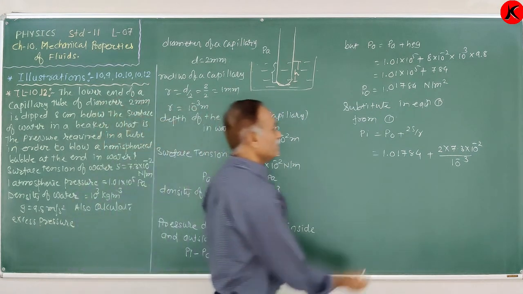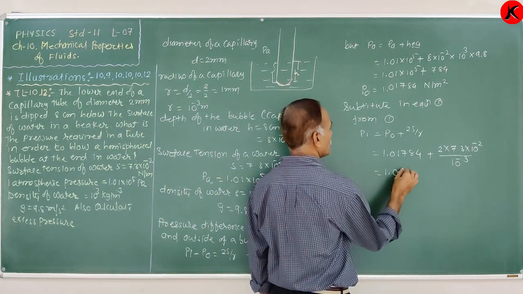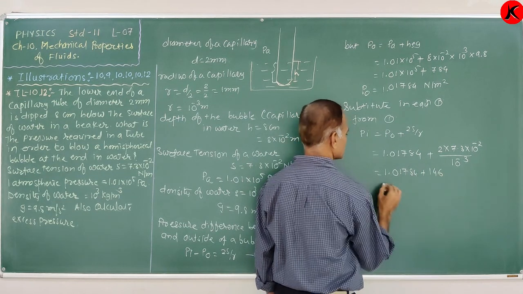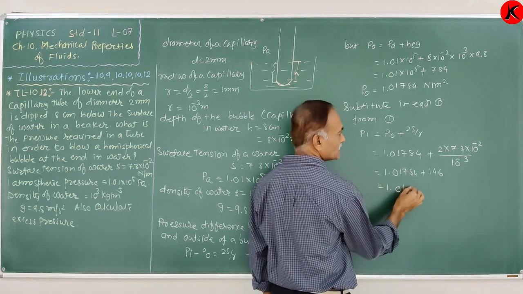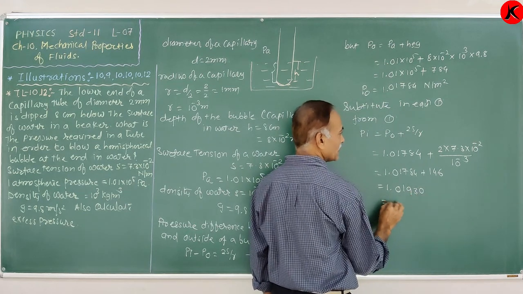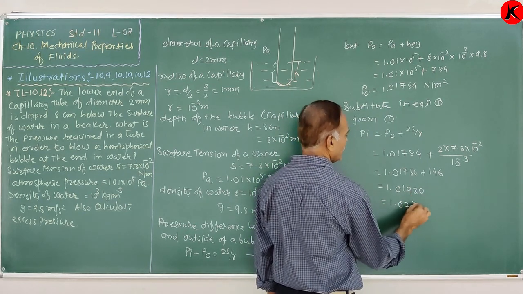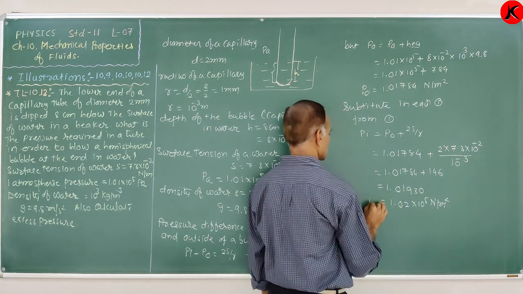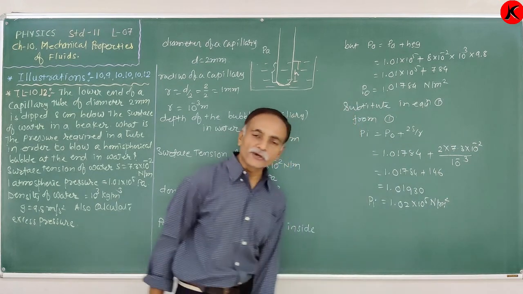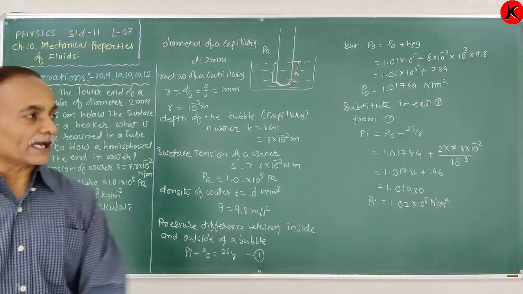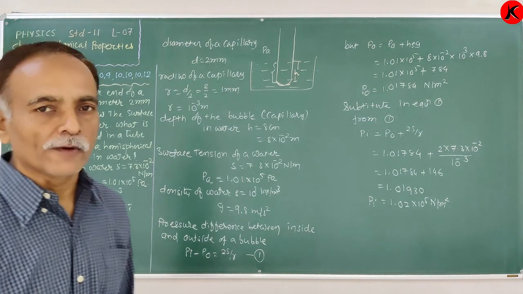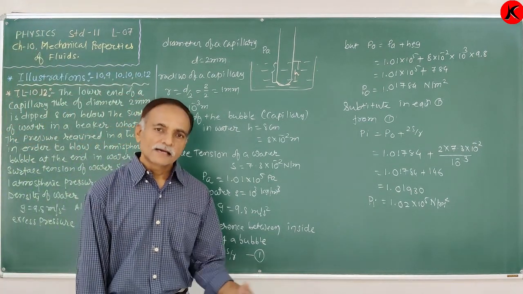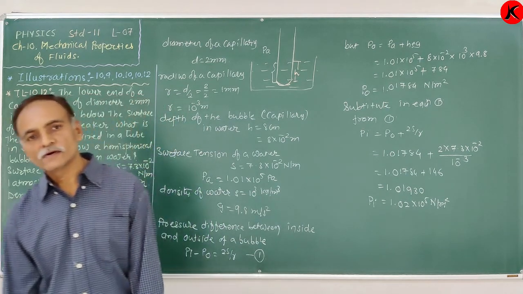So let me simplify, we obtain 1.01784 plus 146. Therefore, 1.01930, that means 1.02 into 10 to the power 5 Newton per meter square. That is the excess pressure. And due to this excess pressure, at the end of the capillary tube, the air bubble is formed. So here the numericals of the illustration are completed. Now we start the numericals of the exercise.